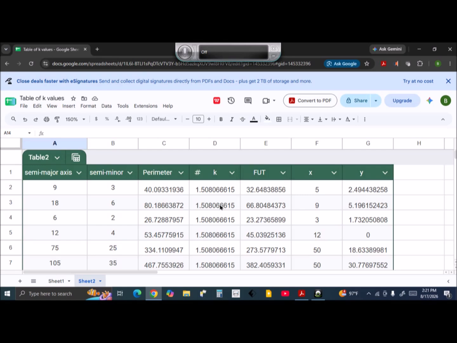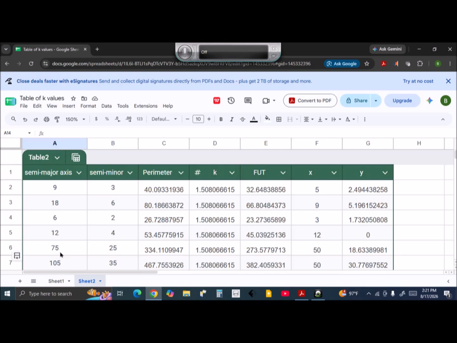Going on, we have 6, which is 3 times 2. And once again, the same value, 1.508066615. We have 12, which is 3 times 4, 1.508066615 for K. The same value.